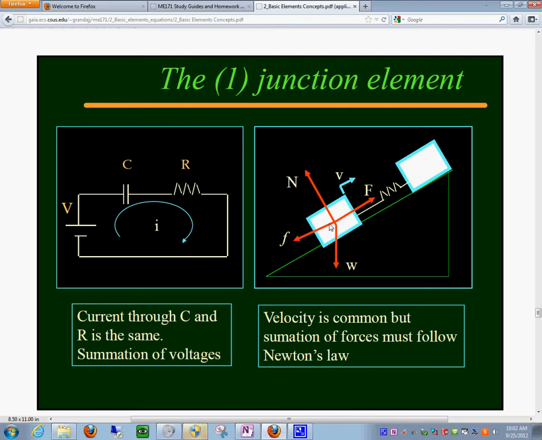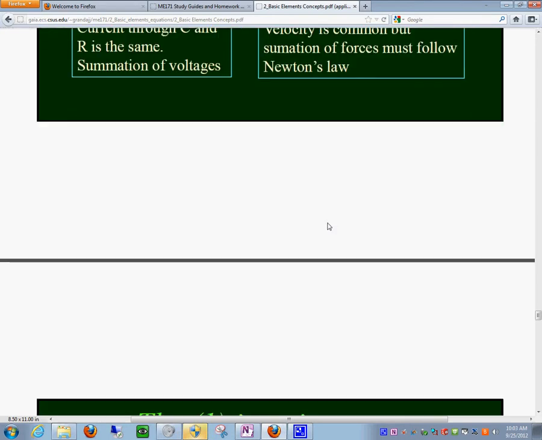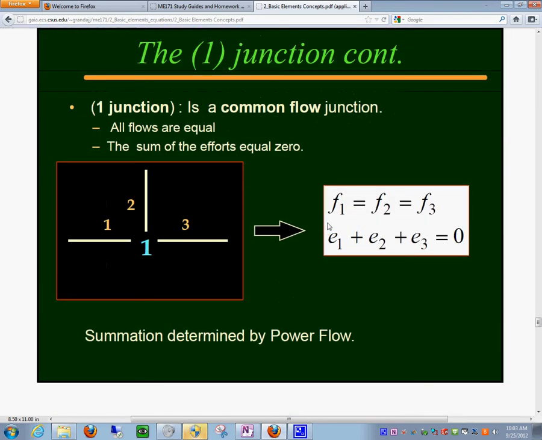You can see here, and I want to emphasize this and perhaps go a little slowly here, that the common flow, in this case the current, is what makes this type of connection. And in this case, what makes the connection a one junction is that the velocities are the same.